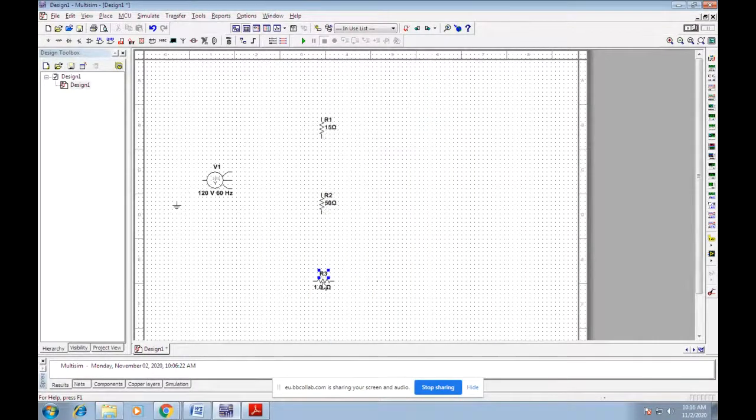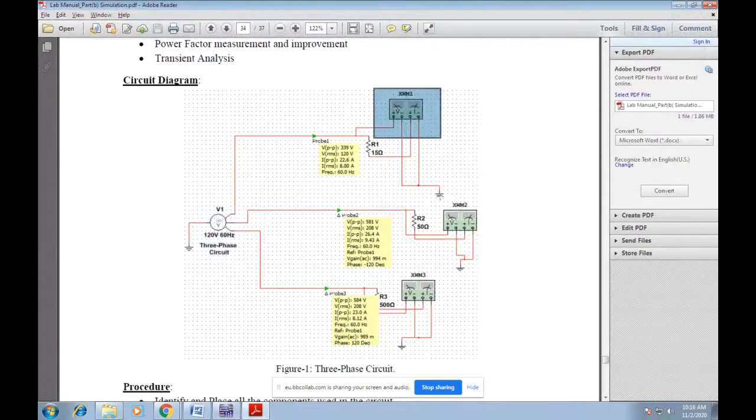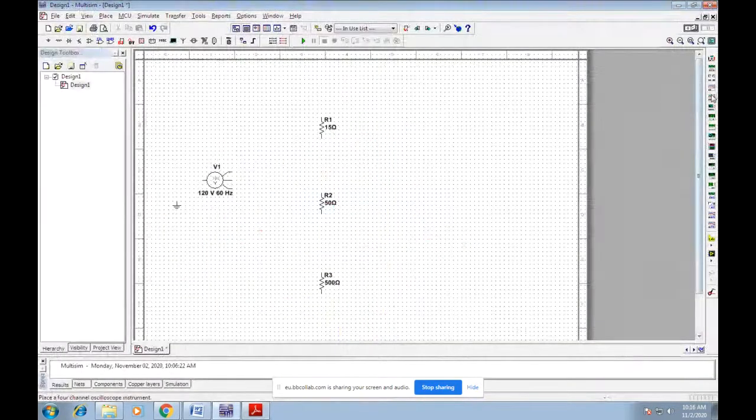We will rotate R3, and the R3 value is 500 ohms. We require three power meters, and three separate grounds for each of them. You can connect to the common ground also, but to be clear about the connection, we will use separate grounds.